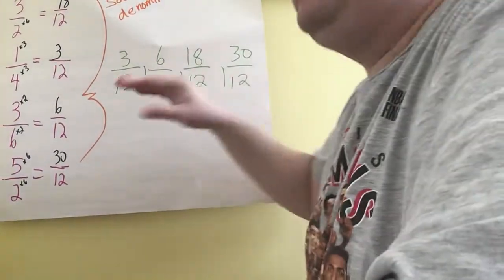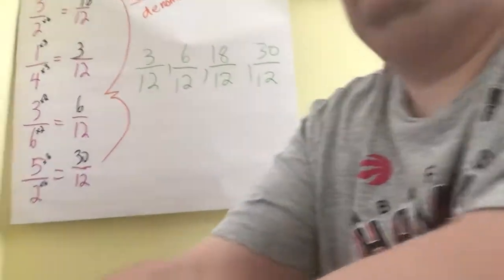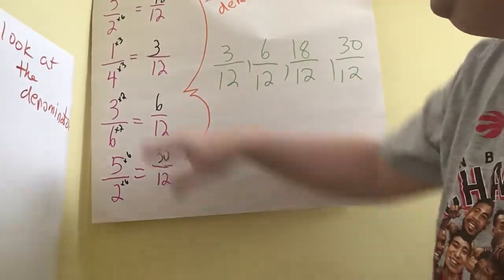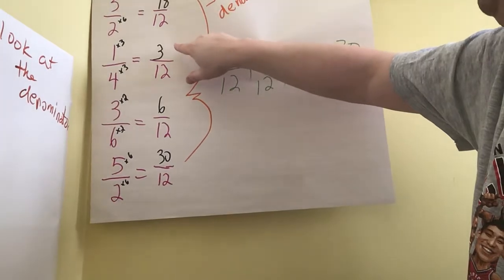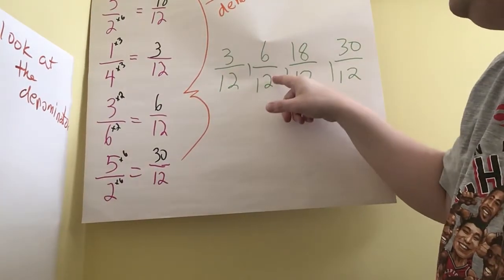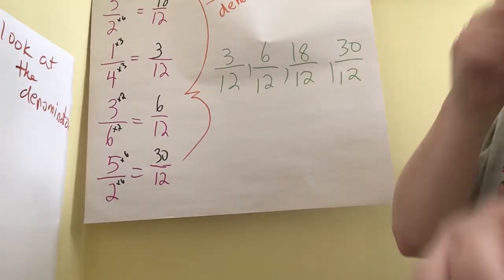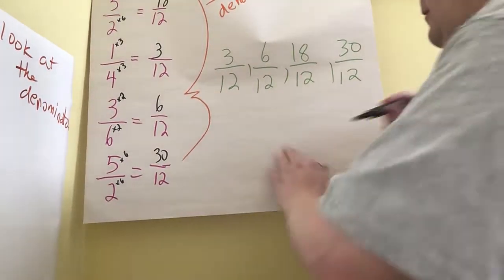All right. So with all my fractions out, I look, 3 over 12 is the smallest, then 6 over 12, 18 over 12, and 30 over 12. And this again is small to big.